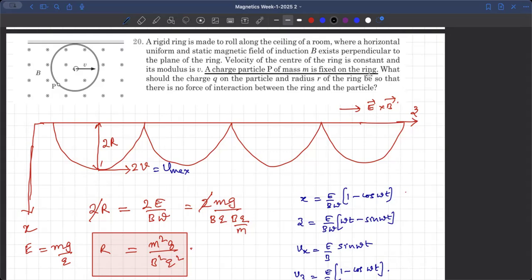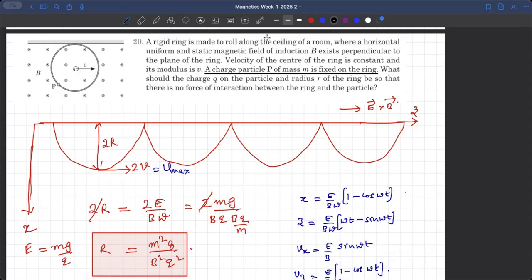But here it won't leave at that point. It continuously keeps moving in the same cycloid path. In other words, if a point on the rim of the ring follows a cycloid path, and the charge always follows the same cycloid path, then there is no interaction between the ring and the charge. Fine, everything is fine now.